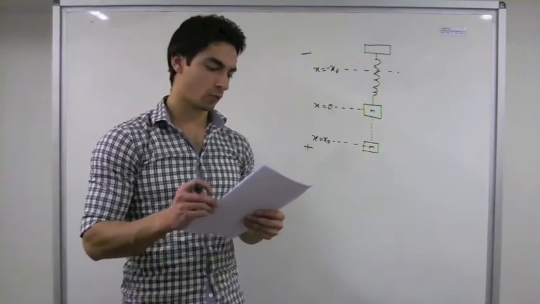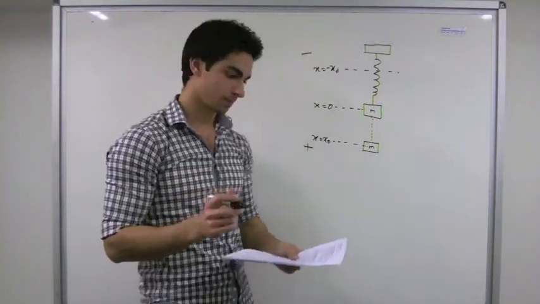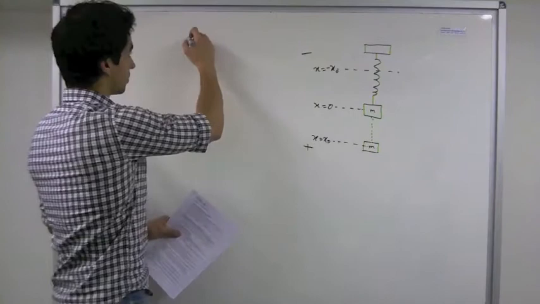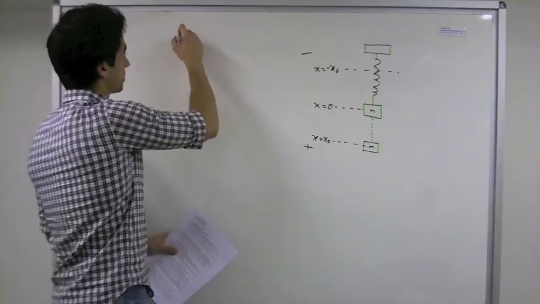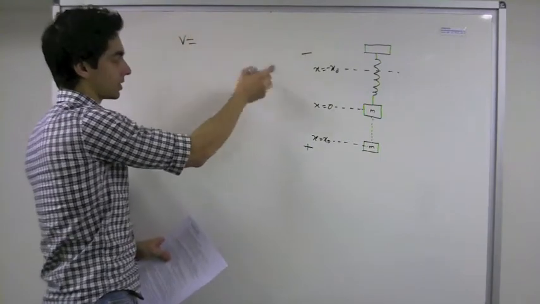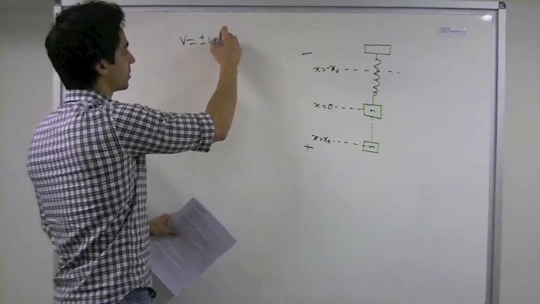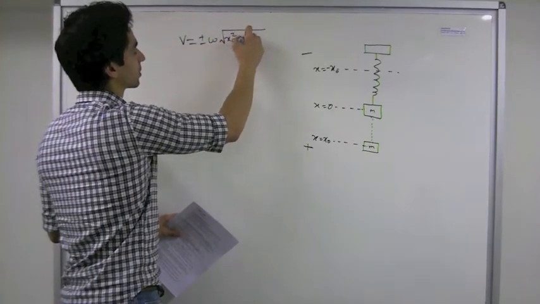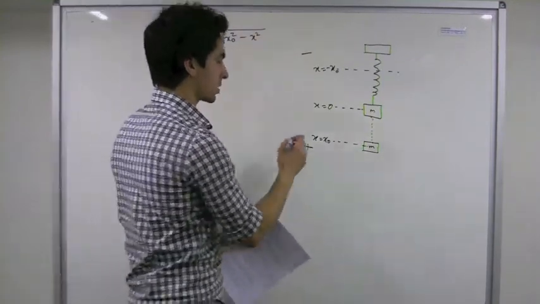So 4.2 is discussing the energy changes in simple harmonic motion. Just now one of the equations that we came to was how the velocity in a simple harmonic motion varies with the displacement. We'll be using this for energy changes.